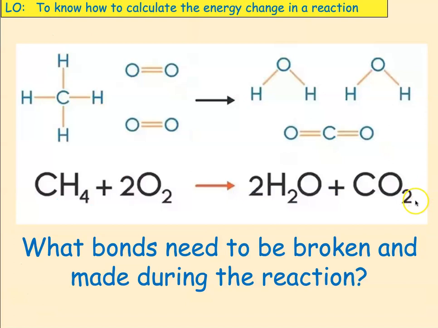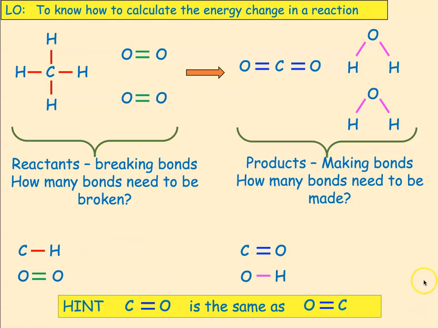Okay, so let's have a little look at what bonds need to be broken and made during the reaction. So this is again methane and oxygen giving us water and carbon dioxide. I want you to pause the video in a minute and tell me how many bonds need to be broken here.